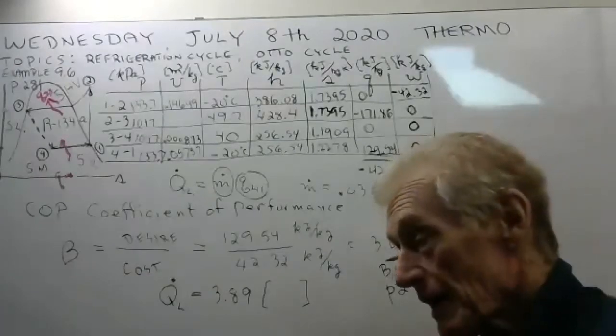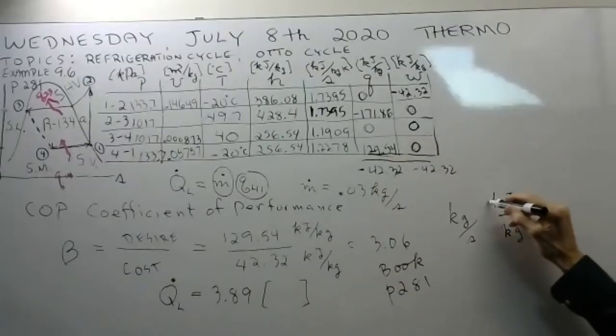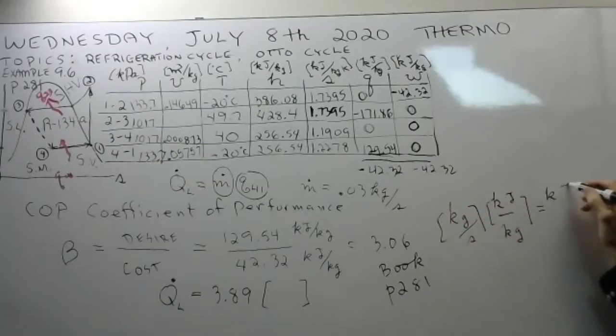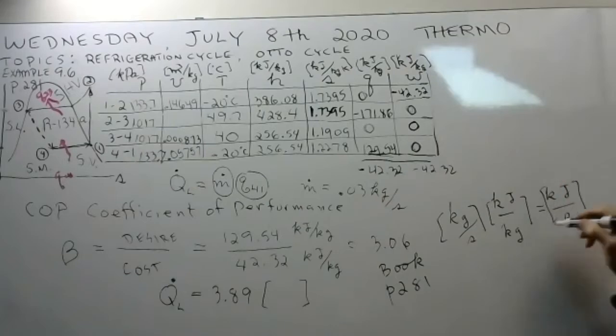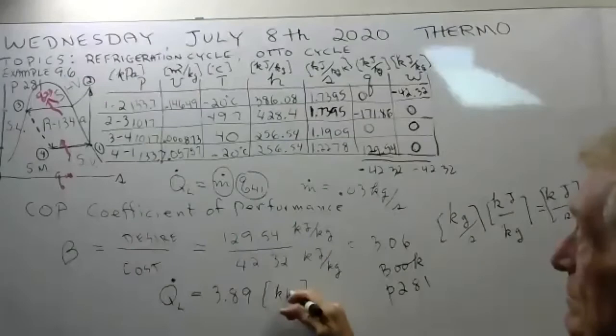Yeah, I like it. Now, Bear, you're absolutely right. It's kilojoules per second, but there's another name for that. What's the other name for a kilojoule per second? Kilowatt. Yay, good going. It's a kilowatt.